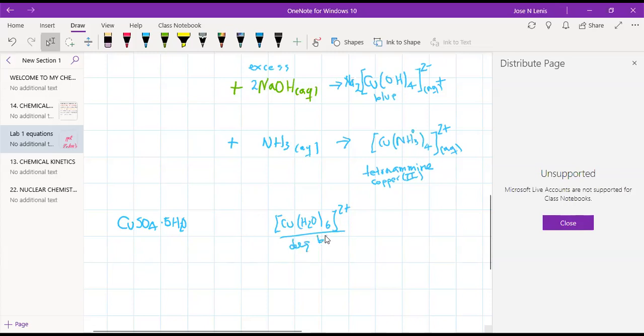Deep blue color. That's why this compound has the blue color, because these copper ions in the crystalline structure form complex with the water. Very tiny amount, giving this color there.